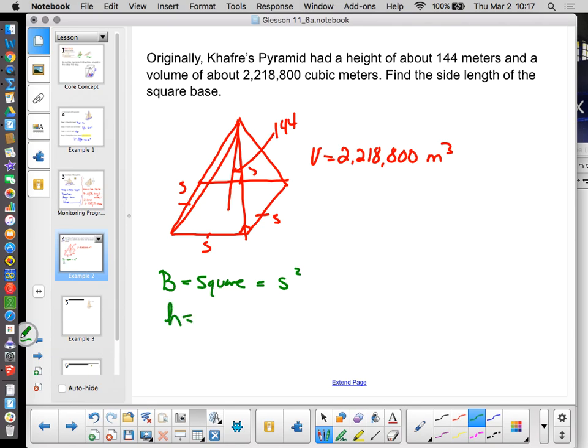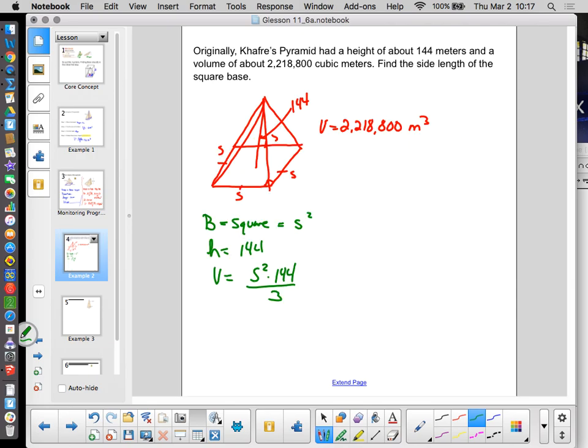The height is 144. And the volume is base area, side squared, times the height, divided by 3. But we know that that volume is 2,218,800. So I just have to solve for S. Well, how are we going to do that?